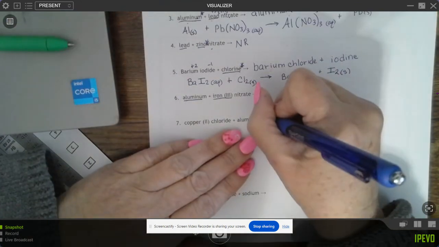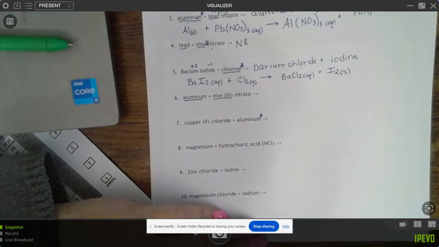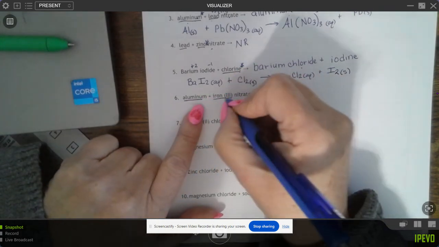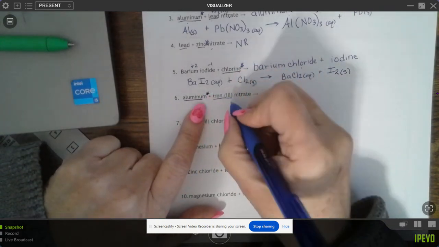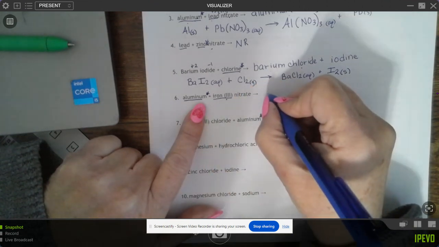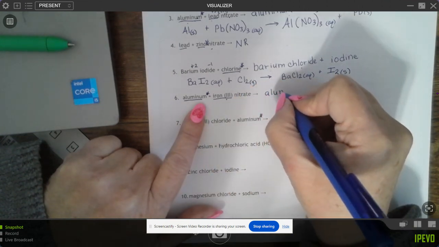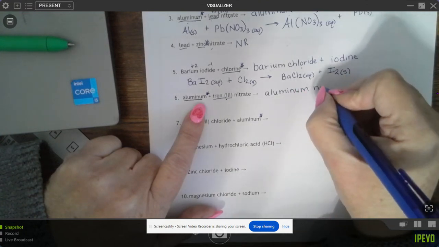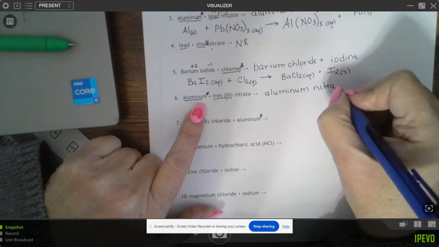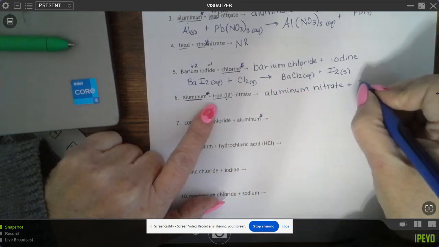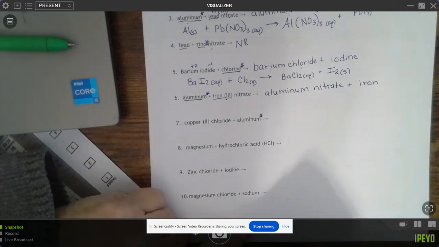Aluminum gets the star, which means aluminum is going to take iron's place, so we're going to end up with aluminum nitrate plus iron ends up alone. So iron is just iron, okay?